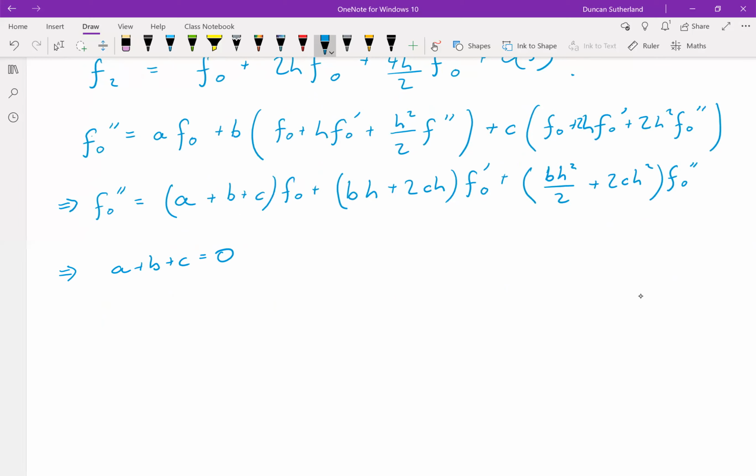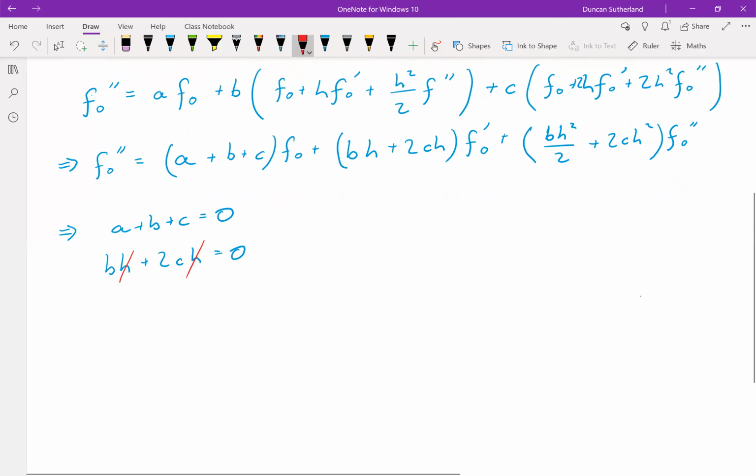That necessitates bh plus 2ch equals 0. Obviously that h cancels out, right, because h is non-zero, and we've got b plus 2c equals 0.